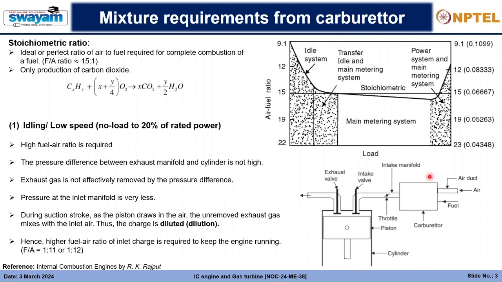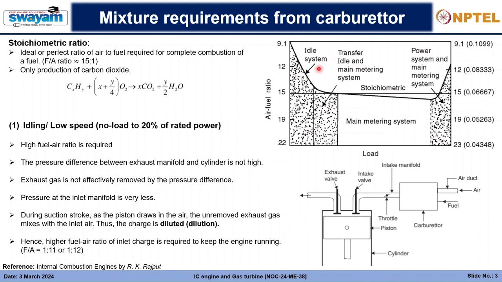So a higher fuel to air ratio is required during idling or low speed, and that is also being depicted out here. So a low air fuel ratio during the idle system, or a low speed system, and that way some amount of fuel is lost, but at least the engine is running in a favorable position.